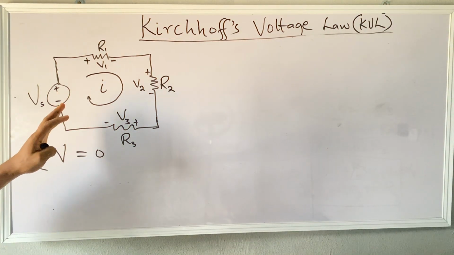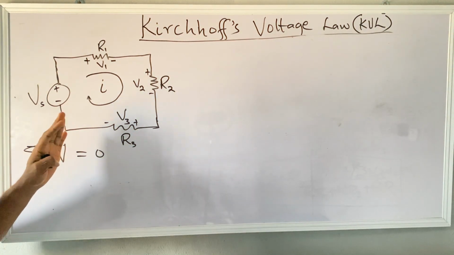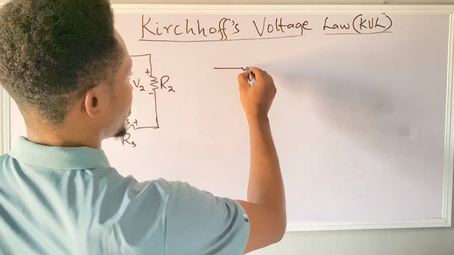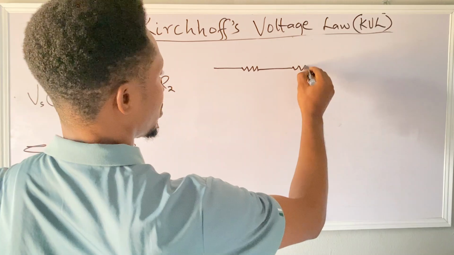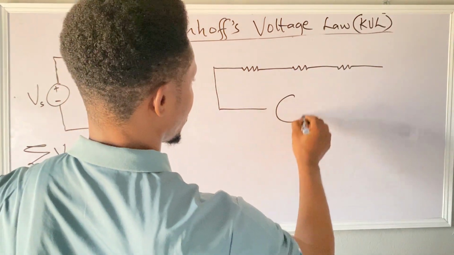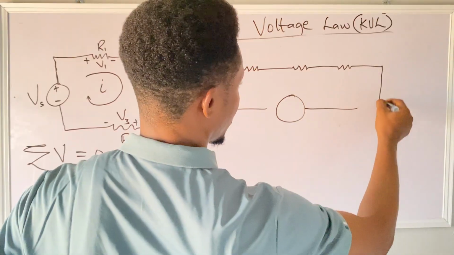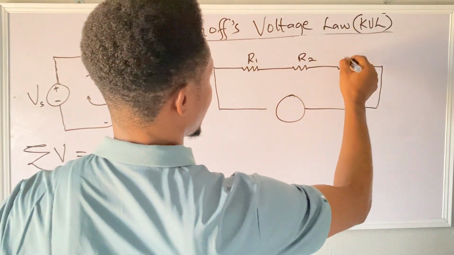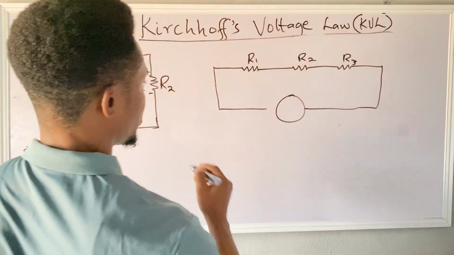To make sure you understand this circuit very well, I can redraw it in this form, which means the same thing. This is R1, R2, R3.